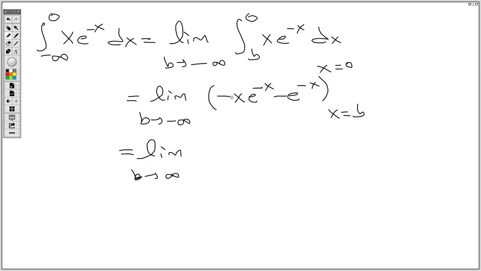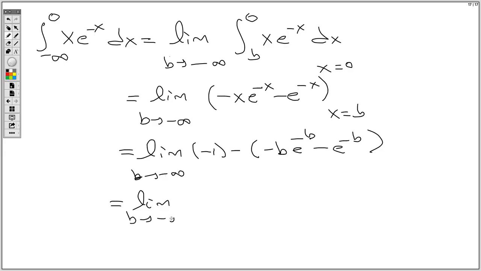When I plug in 0, I get a 0 minus a 1, so I get a negative 1, minus, now I'm going to plug in the b. Oops, and b is going to negative infinity here. So I get the limit as b goes to negative infinity of negative 1 plus b e to the minus b plus e to the minus b.